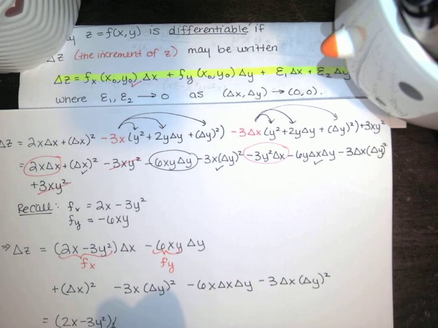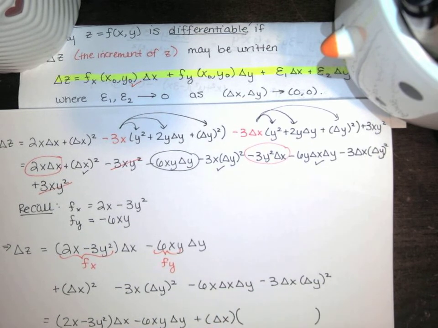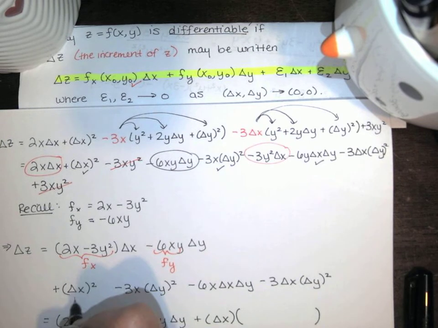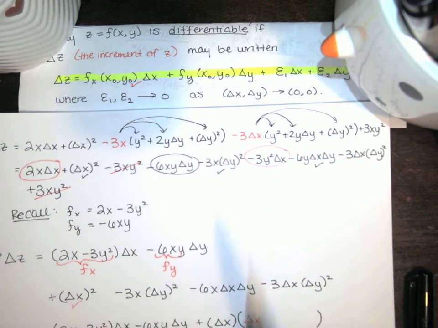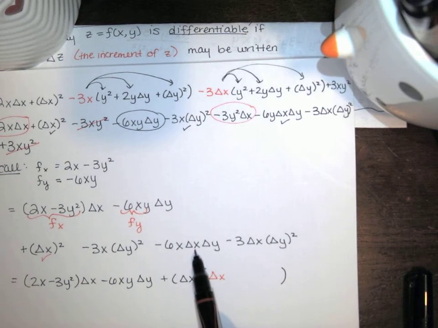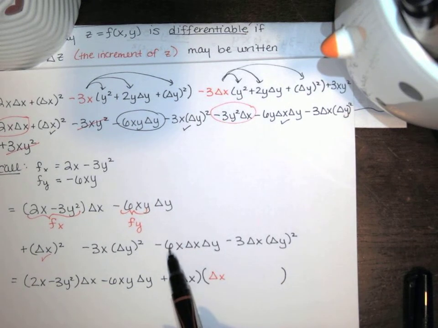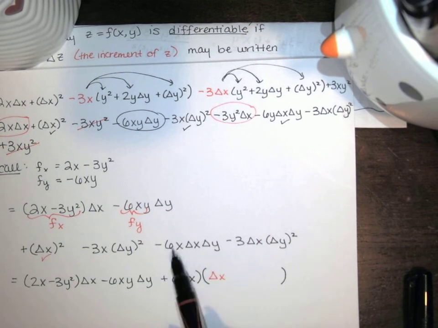Just writing down the other stuff, not really doing anything with it. That needs to be there. And then I need delta x times something that's going to 0. Delta x times one more delta x gave me that term. Now, there is no delta x in that term. That's okay. That can be handled by the delta y, so we're good there. This one has a delta x in it, and if I factor that out, I'm left with a negative 6x times delta y. As delta y goes to 0, the rest will go to 0.